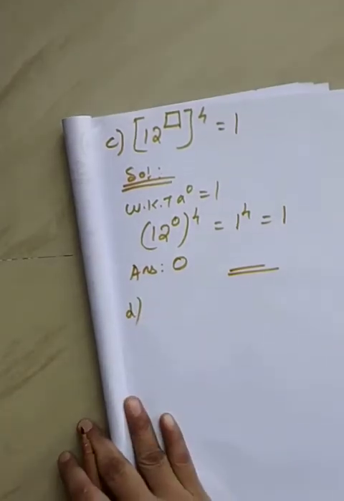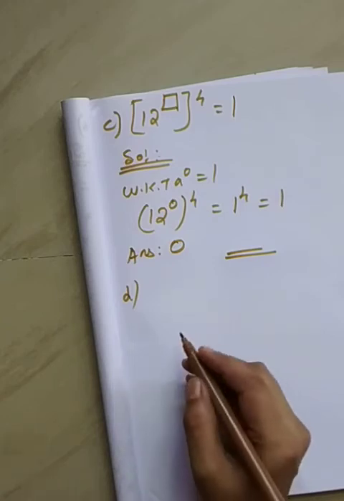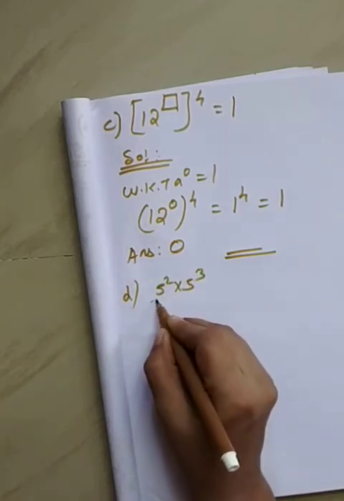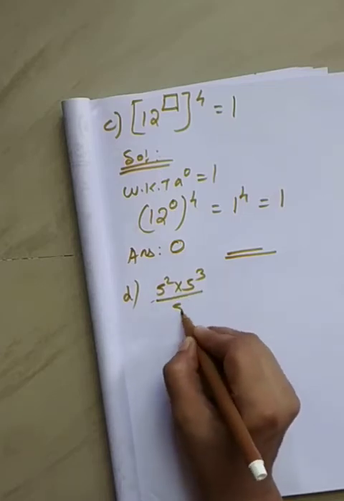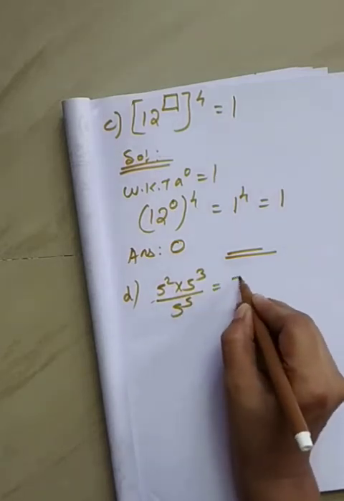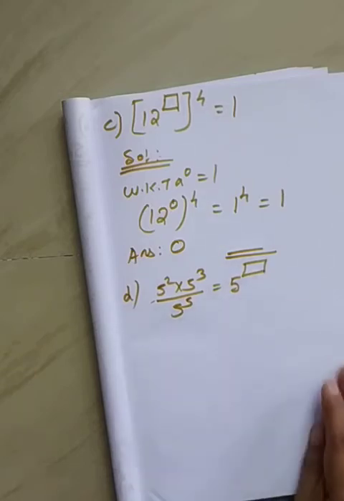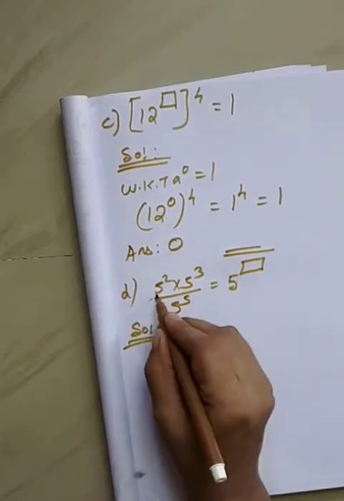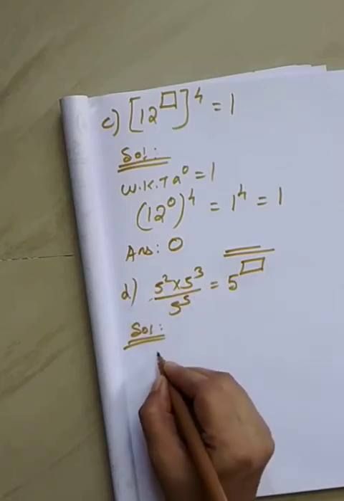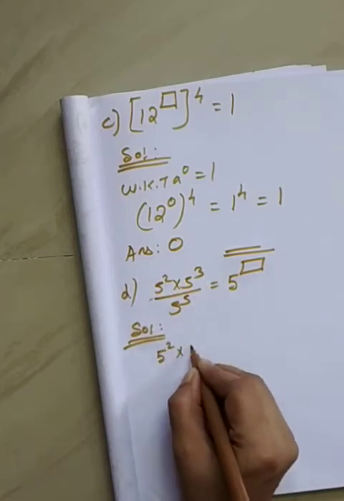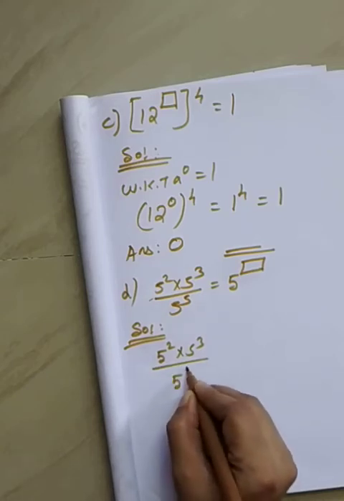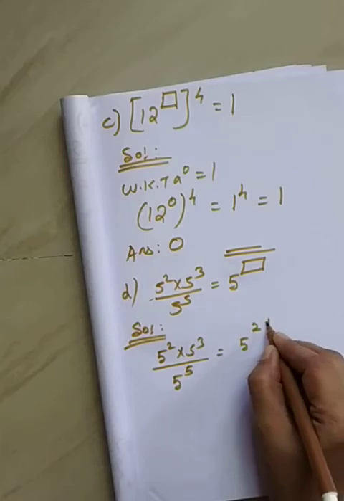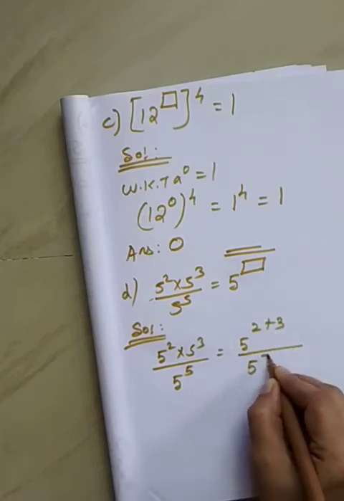Now see the next problem. 5 squared into 5 cube divided by 5 power 5 is equal to 5 power what? We know that when the base is the same, add the powers. Write the left hand side first: 5 power 2 plus 3 divided by 5 power 5.